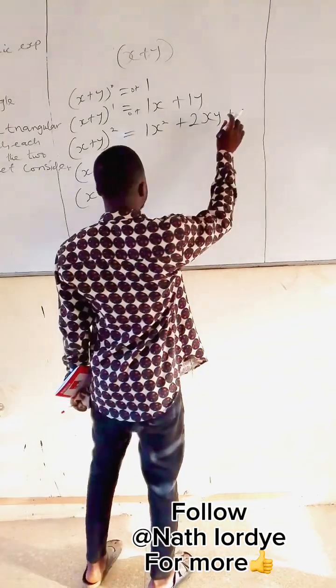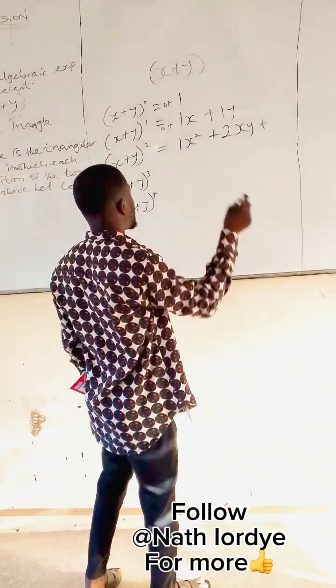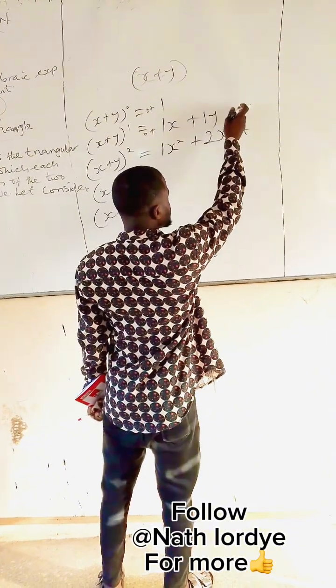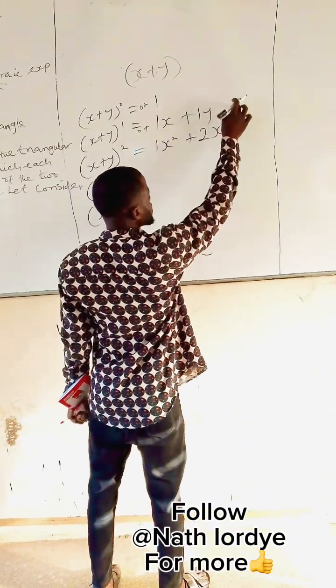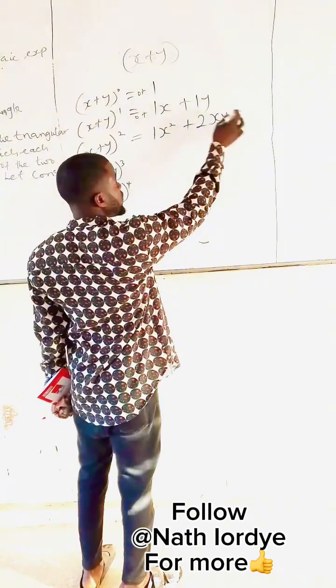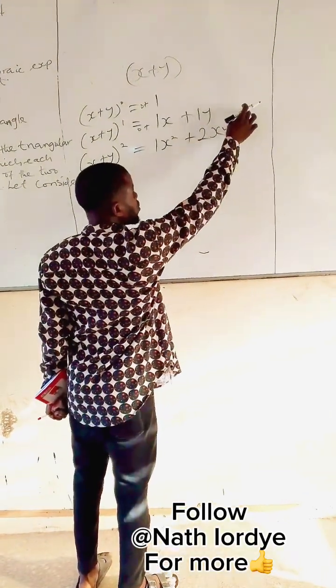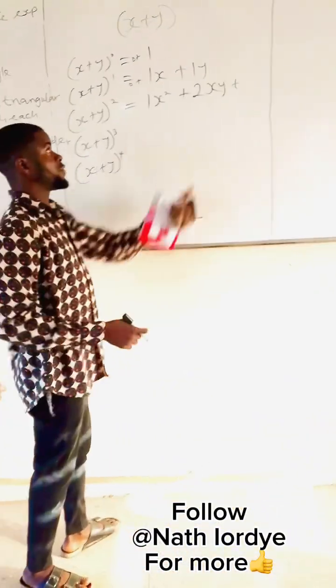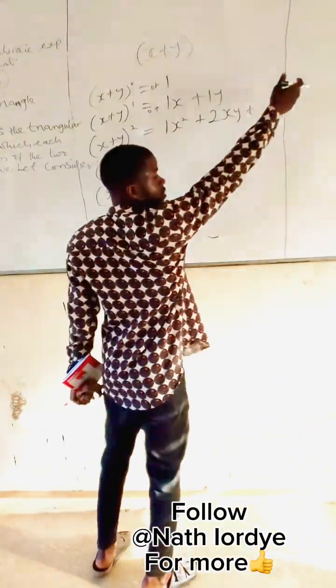So now 2xy plus, what will be the next? What are we going to add? We have to get the next term. We add the two closest numbers above on this column: 1 plus 0, because there is nothing on the right-hand side. You have 1 at the left-hand side, then nothing at the right-hand side.